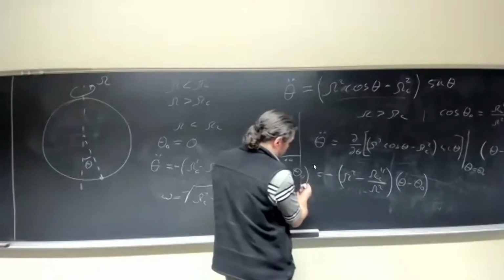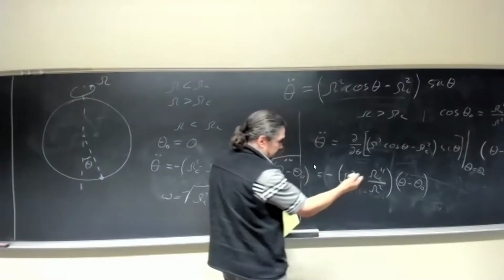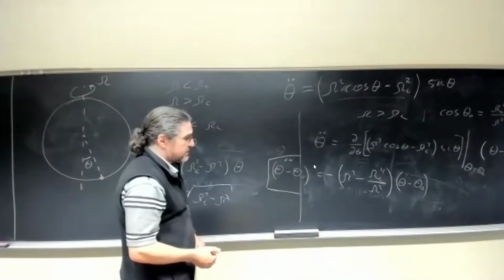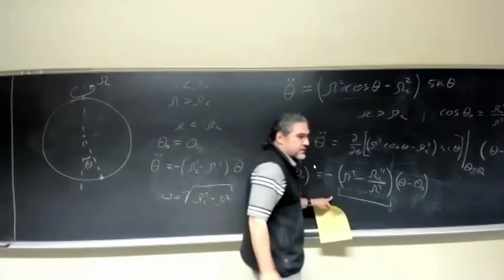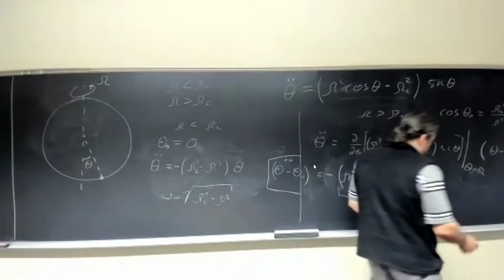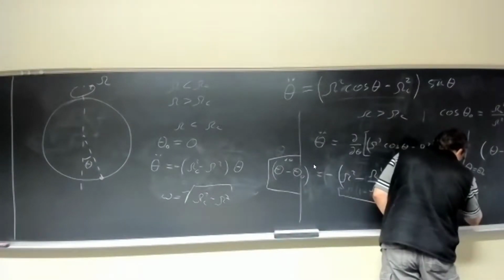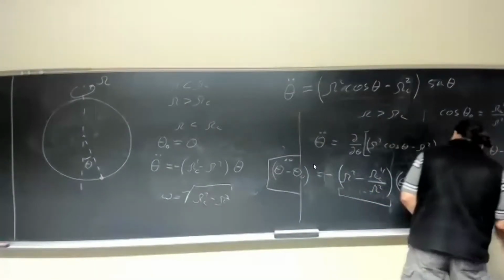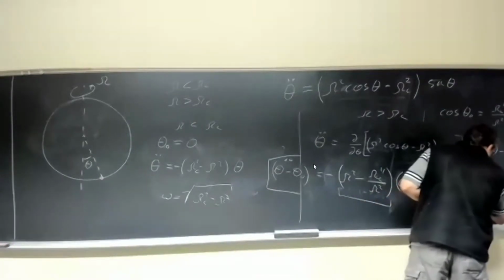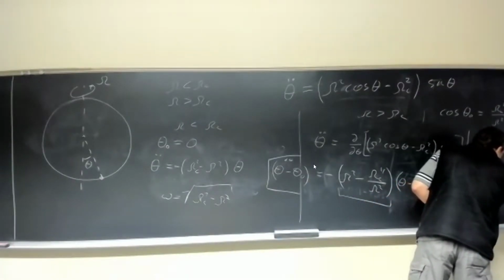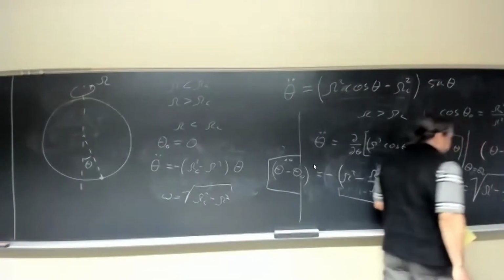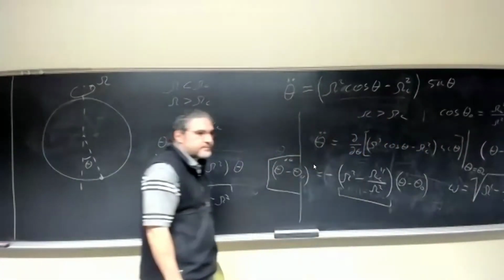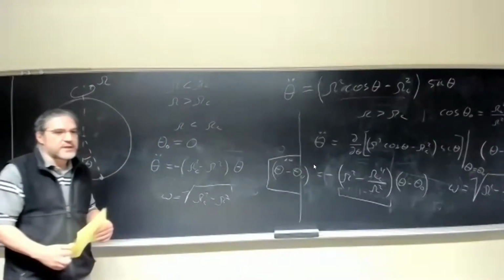So now I look at this, and again I see exactly the oscillator equation, and what is here is my frequency squared. So I have then omega equals the square root of omega squared minus omega c to the fourth divided by omega squared. That's all. That makes sense?